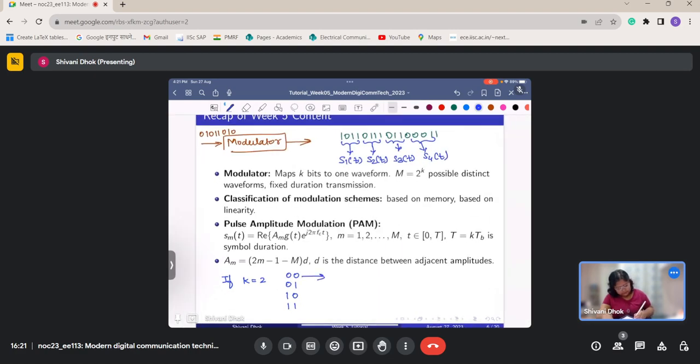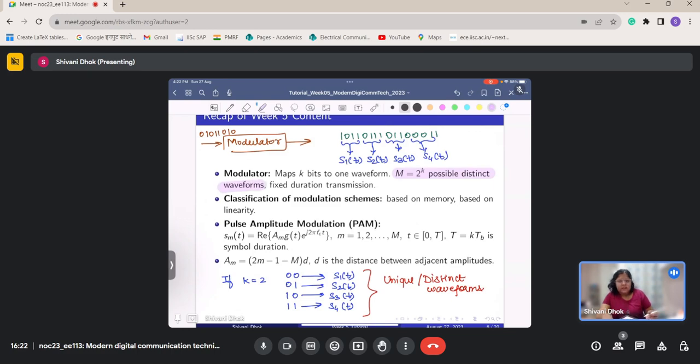Each of these has to be mapped to a unique or distinct waveform, which means that there should be M equal to 2 to the power k possible distinct waveforms, and these waveforms are transmitted for a fixed duration.